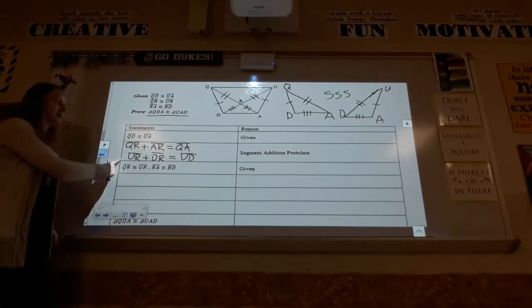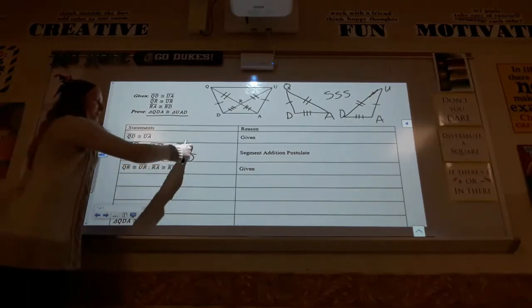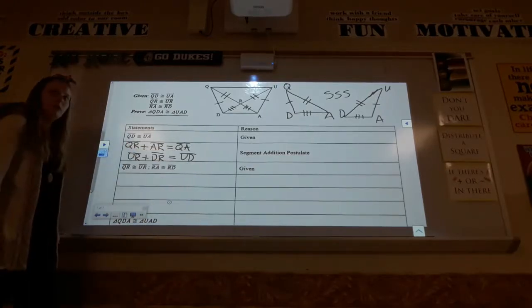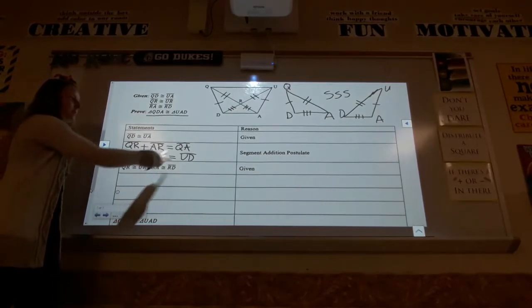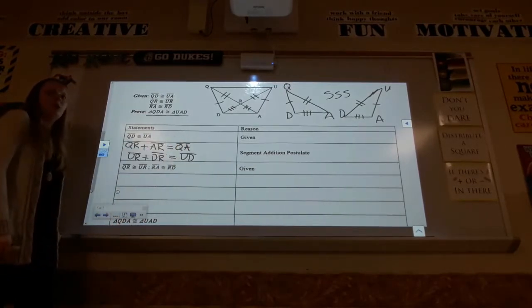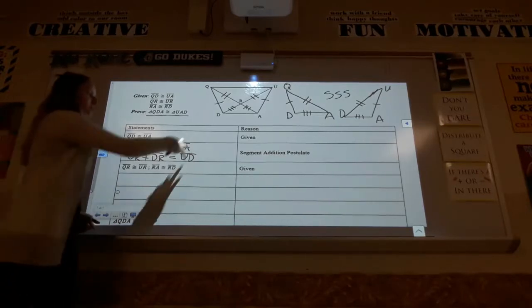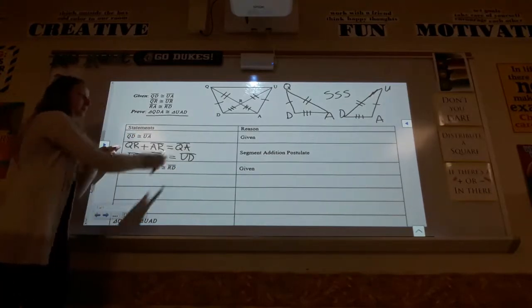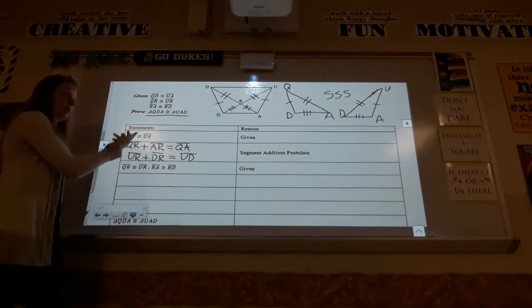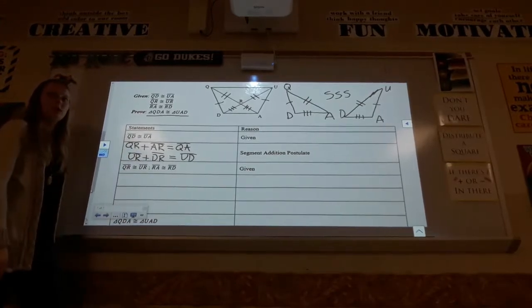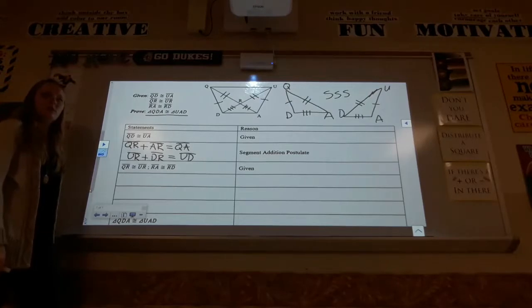With the way that the equations are written right now, can I automatically say QA and UD are the same? Shouldn't both of these be the same for me to say that those two are? Remember our substitution rule says that if two different things are equal to the same thing, they're equal to each other. So I need to somehow get one of these equations to change so it looks like the other one. Can I do that? How?